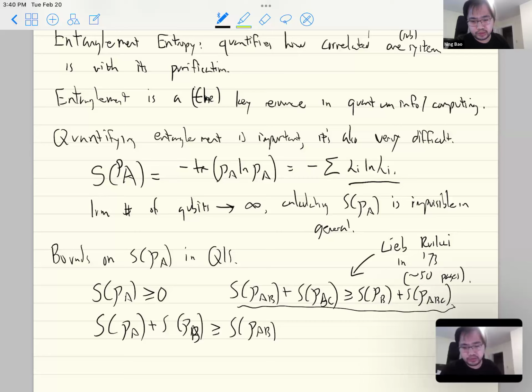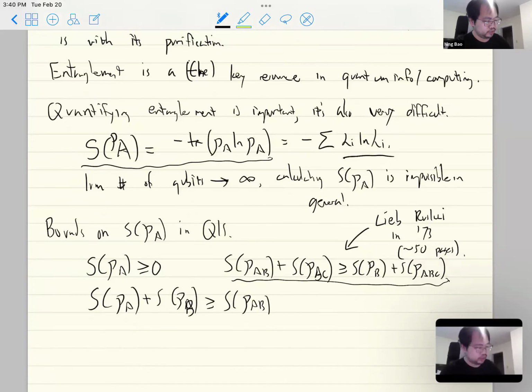Because if you think about the objects that you're considering in the inequality as being the density matrices as opposed to the entropies, this is not a linear operator on the density matrices. So the nonlinearity of the definition of the entanglement entropy is inherited in terms of the inequalities that you can try to prove on it.